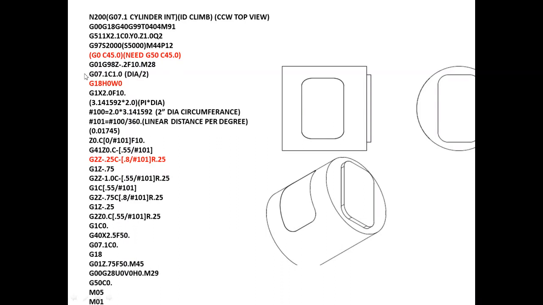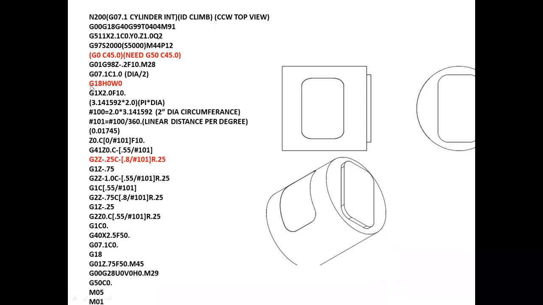Now it tells the machine I'm working on cylindrical interpolation utilizing the C. So what is the C1.0? That's whatever surface you're working on, divided by 2. This is a 2-inch diameter part, and I'm just working on the diameter, this rectangle shape. That's why I have a C1.0, which means I'm working on a 2-inch diameter part.